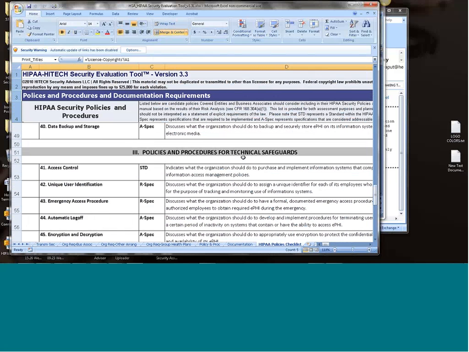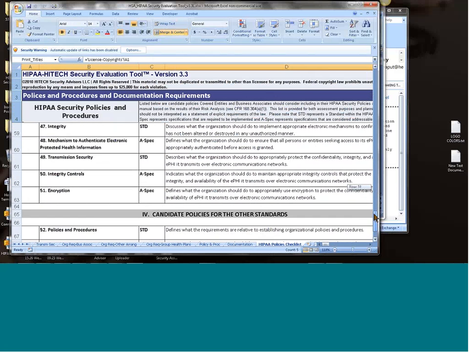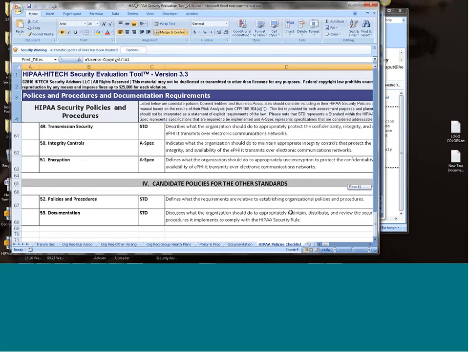So I happen to have paused here around the area of technical safeguards, and then in fact there is a requirement. This is like the Department of Redundancy Department. There's a requirement for a policy and procedure on policies and procedures. How's that?